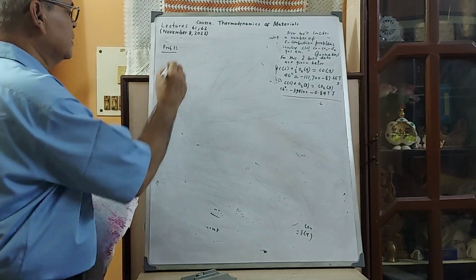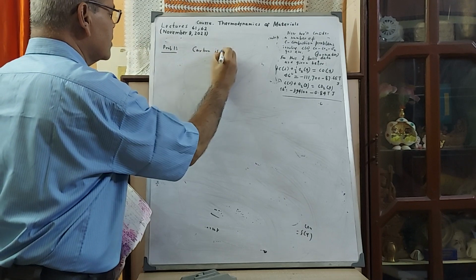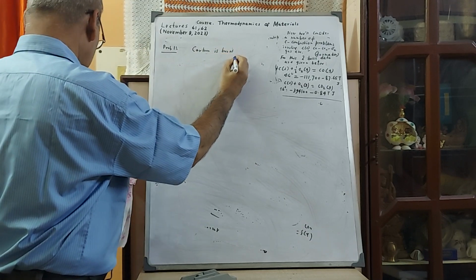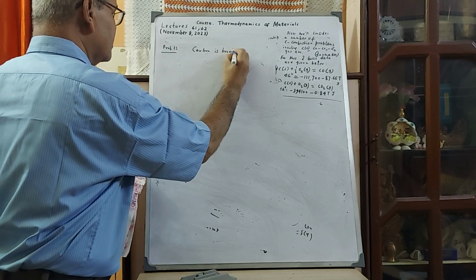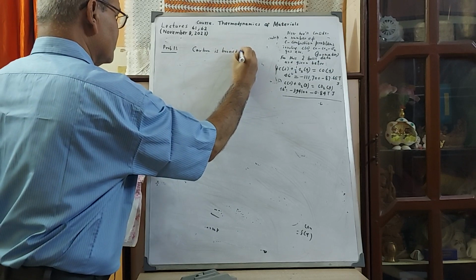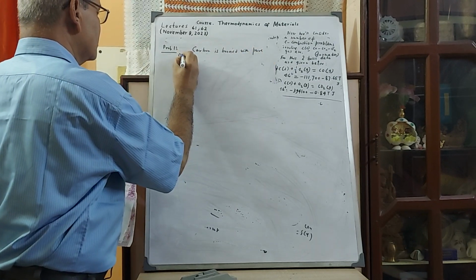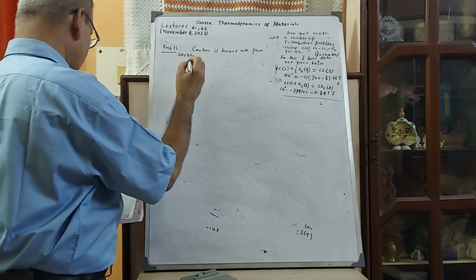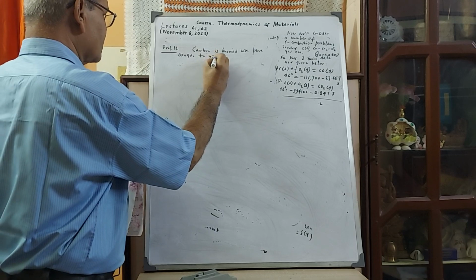Carbon is burned. Now this time this is a full-fledged problem. Carbon is burned with pure oxygen to yield a combustion gas. Let us go fast.